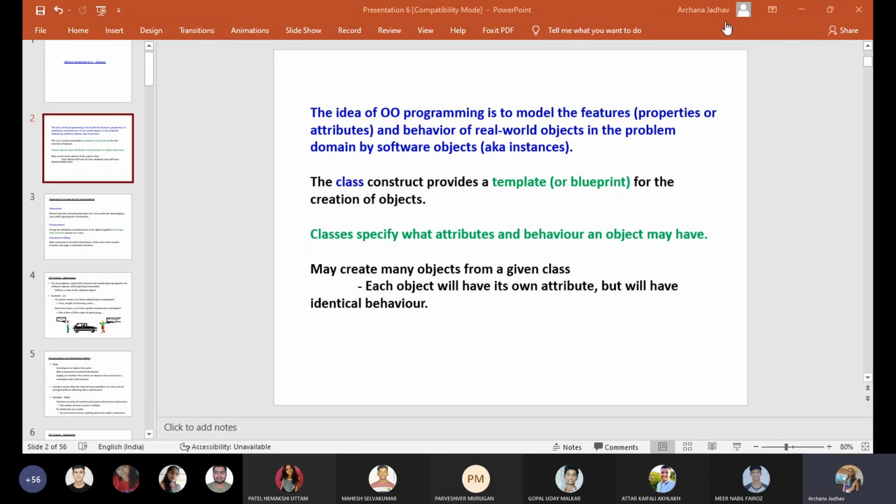Now a class should be such that you can define the different functions of an object.